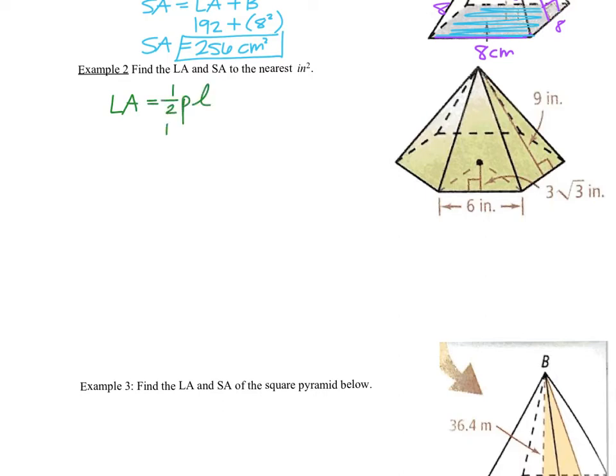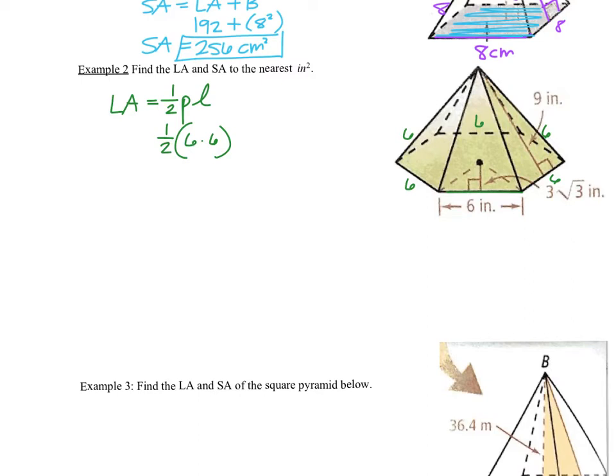So we're going to go 1/2. What's the perimeter of your base? Remember perimeter. You have 6-inch sides, and there are 6 of them. So 6 and 6 and 6, right? All the way around you have 6s. So it's 6 times 6 for your perimeter, or you could just put it in as 36.